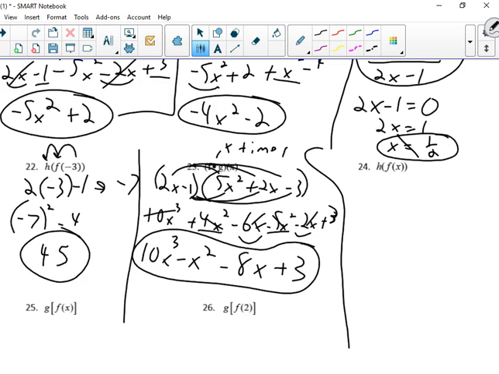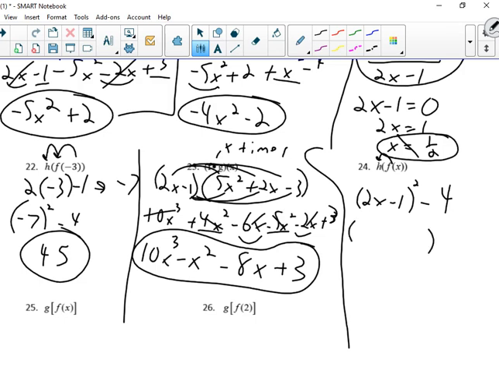Telephone game. Okay? But this time we don't have a number. We're just plugging f into h. A little bit different. So we have h, which is x squared minus 4. We're plugging f, which is 2x minus 1, in here. Now again, you should be able to do the shortcut by now, which is very simple.